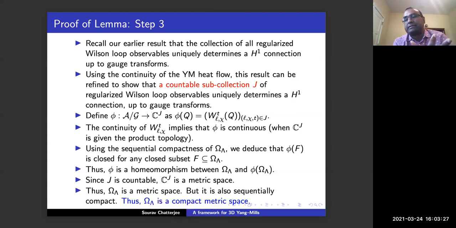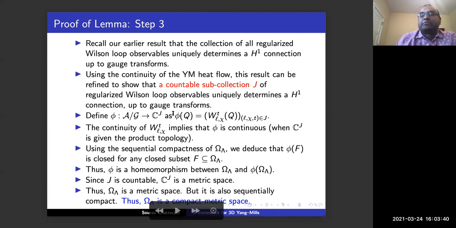So there are three ingredients. You have Uhlenbeck compactness, which shows it's sequentially pre-compact, and then you have the Sobolev embedding, which shows it's closed, which means it's sequentially compact. Then you have the Yang-Mills heat flow, the regularized Wilson loop observables, and this uniqueness theorem, which, together with sequential compactness, gives a homeomorphism between this quotient space and a subset of a metric space, and shows that it is metrizable.